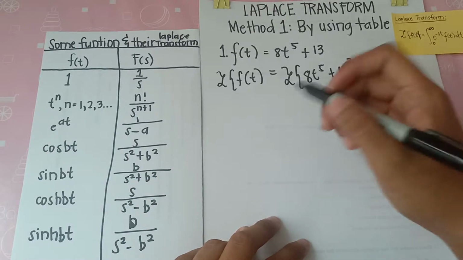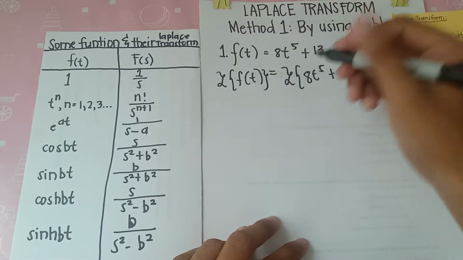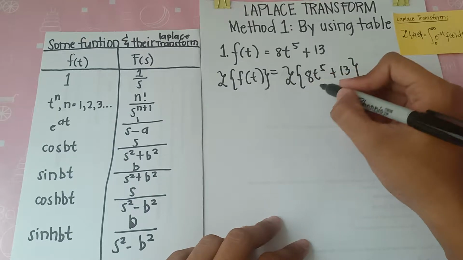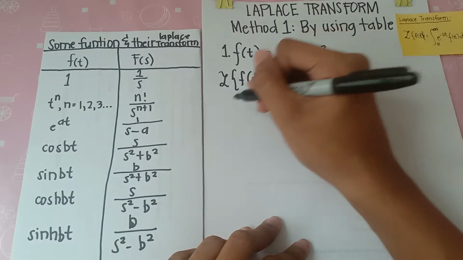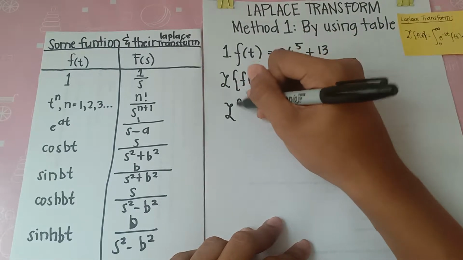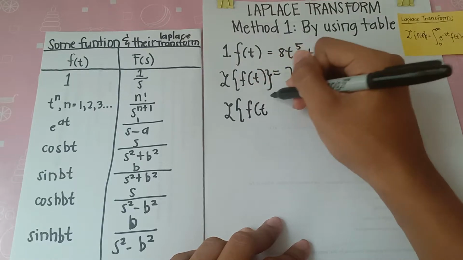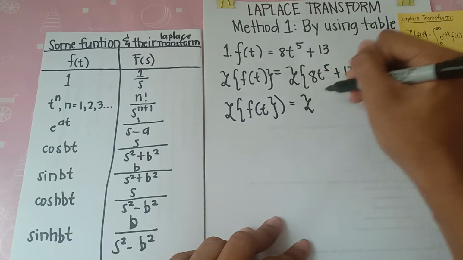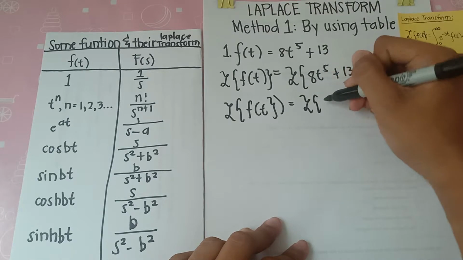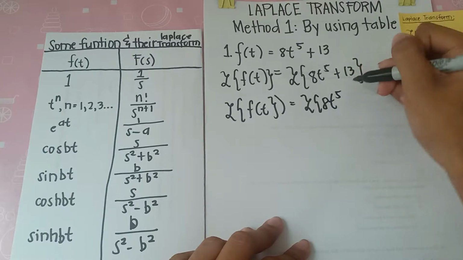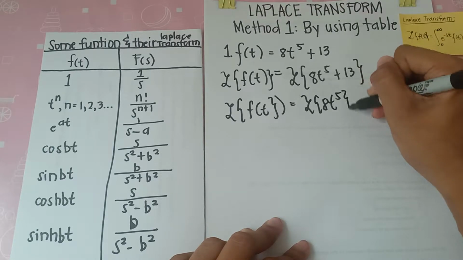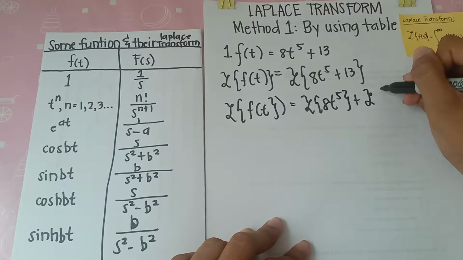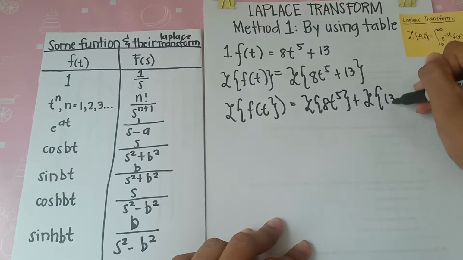Then, after that, distribute the Laplace transform for each term. So the Laplace transform of f of t is equal to the Laplace transform of 8t raised to 5 plus the Laplace transform of 13.